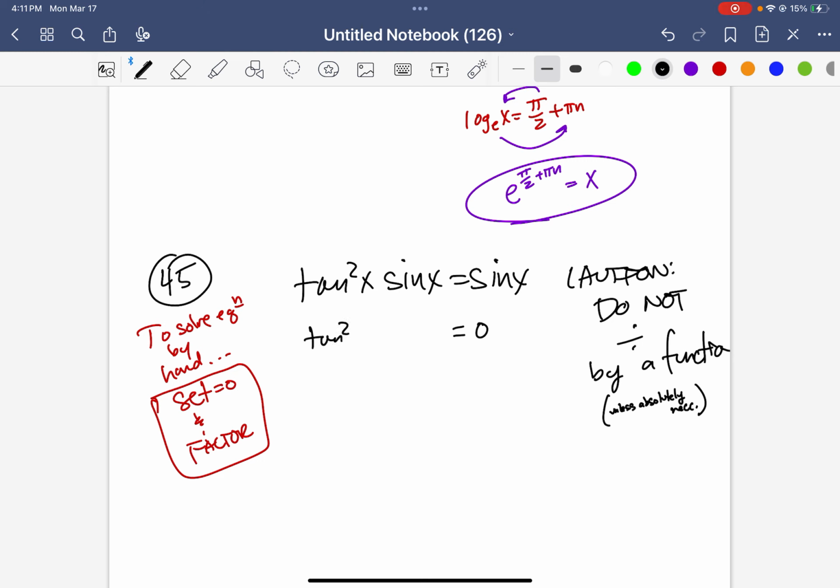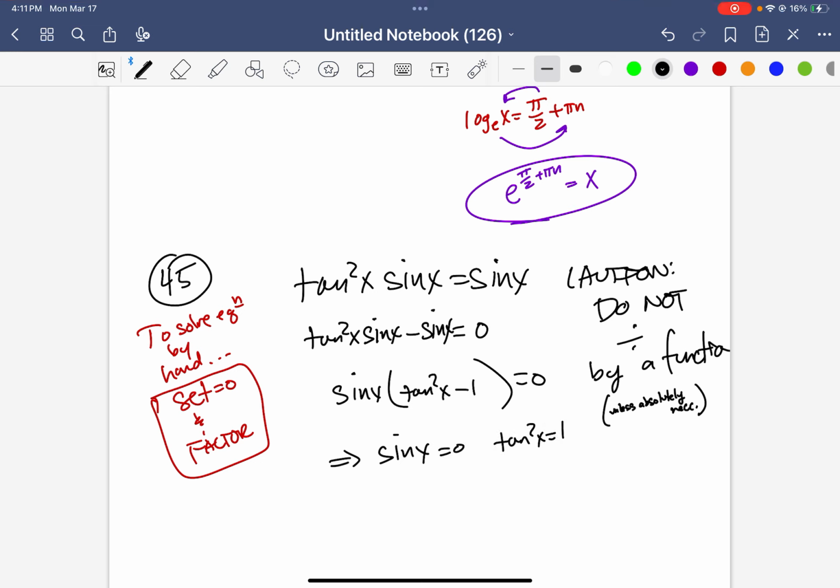So here it's tan squared x sine x minus sine x equals 0. Well, then I can factor out a sine x to get tan squared x minus 1. So then that's telling you that either sine of x equals 0 or tan squared x equals 1.